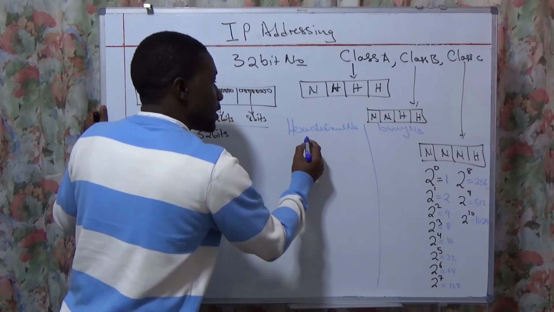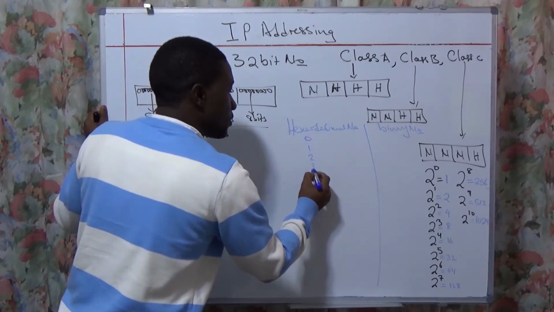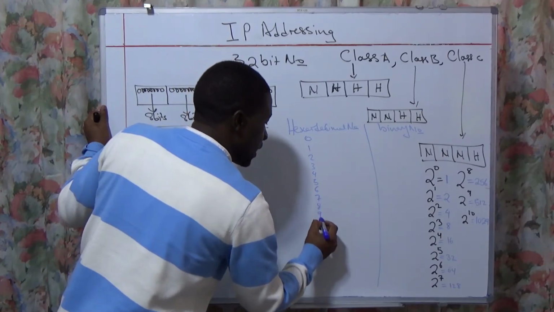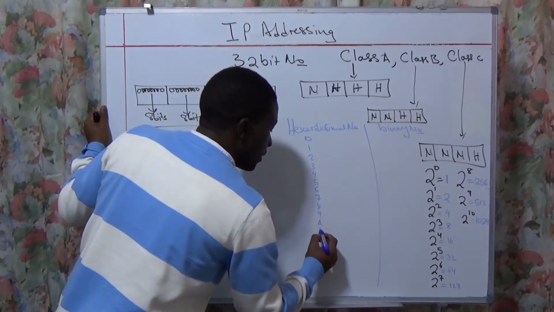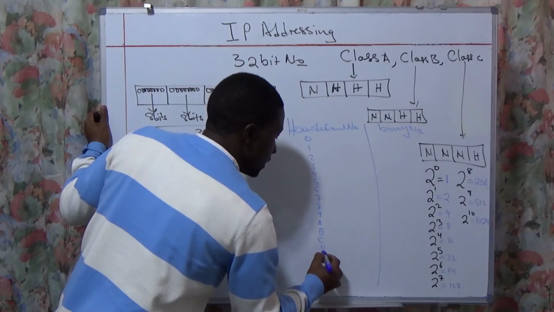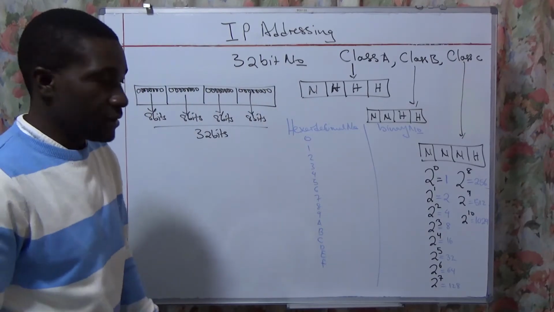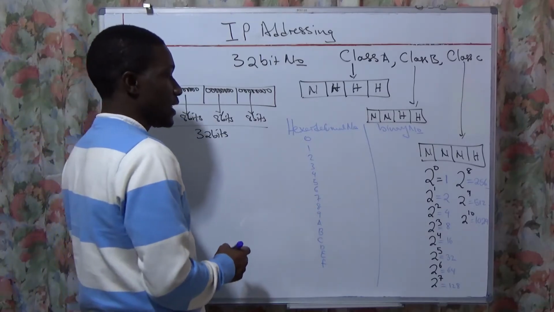Hexadecimal number starts with 0, 1, 2, 3, 4, 5, 6, 7, 8, 9, then to A, B, C, D, E, F, and etc. But for now, we shall end here.